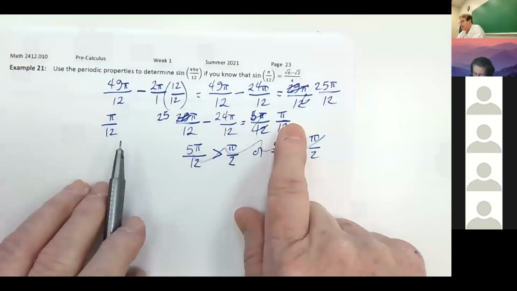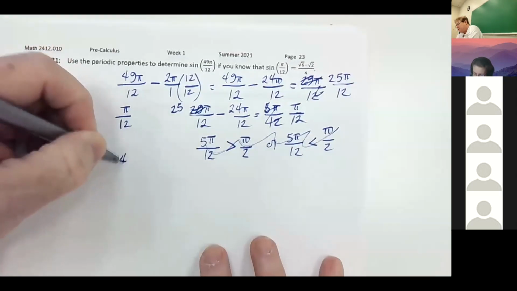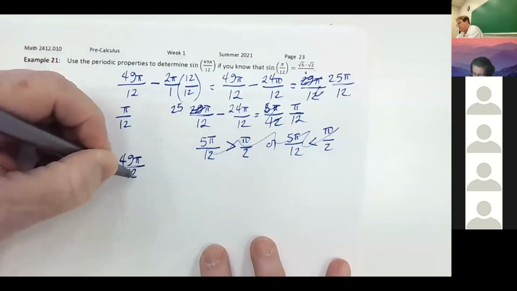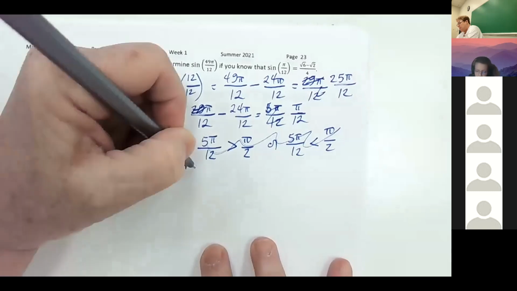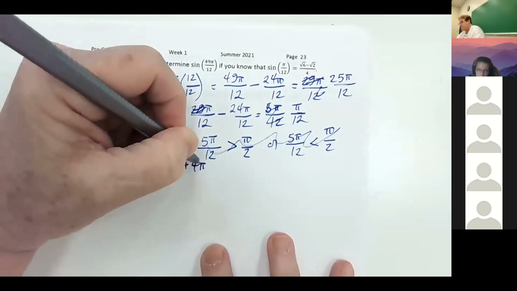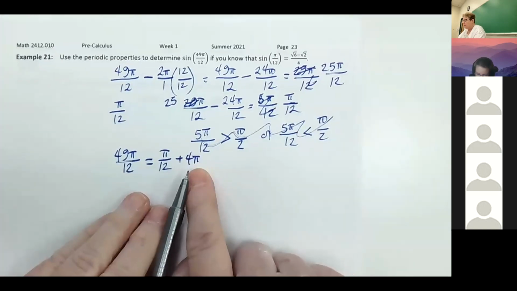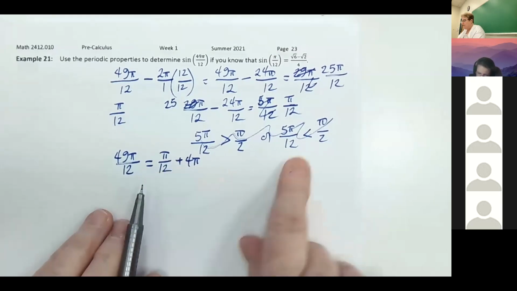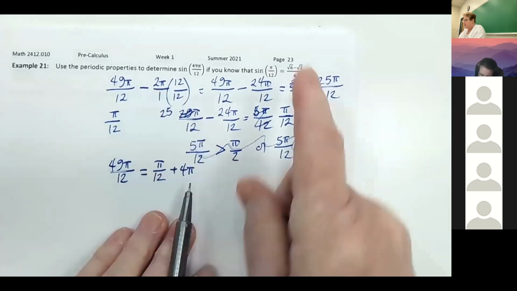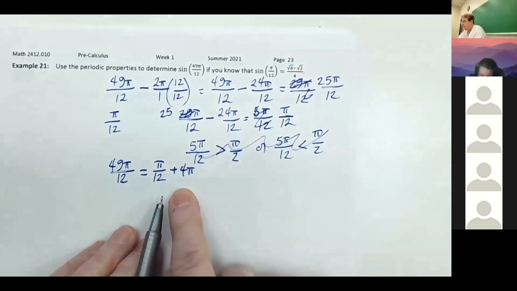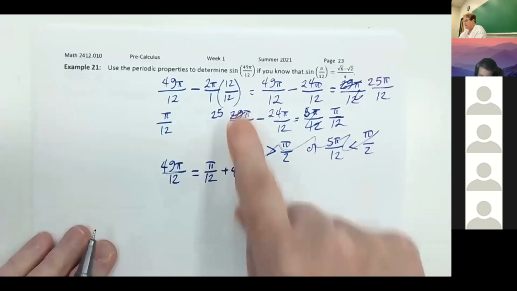So that means that we could write 49 pi over 12 as pi over 12 plus 4 pi, because that's what we did. We started with 49 pi over 12 and subtracted 2 pi, and then subtracted 2 pi again. And that means we're trying to find sine.